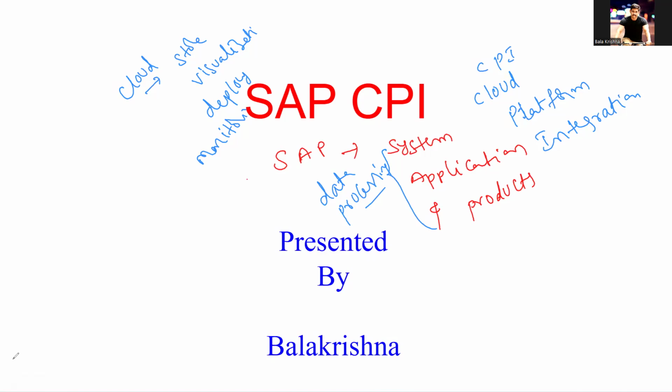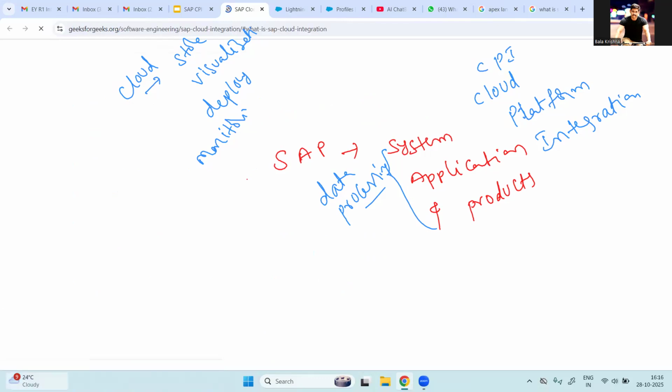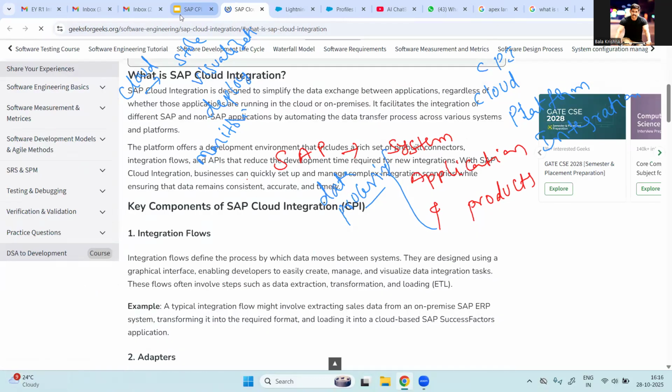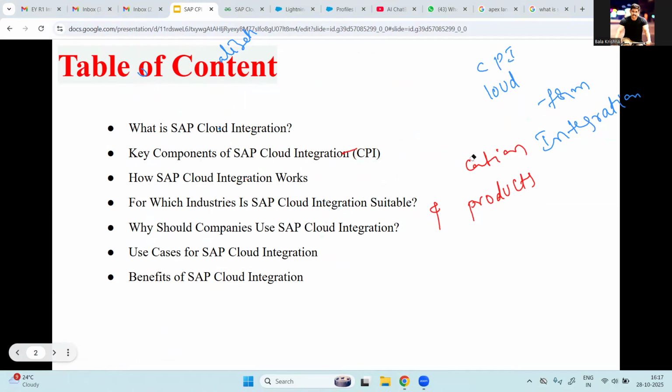Now I am moving to another slide. What is the table of contents? In the table of contents: what is SAP Cloud Integration, and then key components of SAP Cloud Integration CPI, and then how SAP Cloud Integration works, for which industries SAP Cloud Integration is suitable, and then why should companies use SAP Cloud Integration.